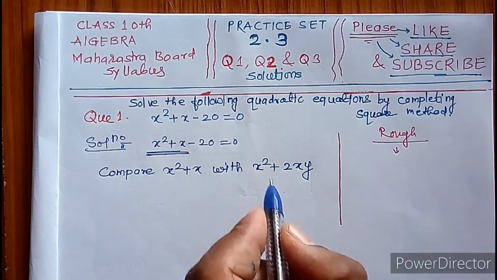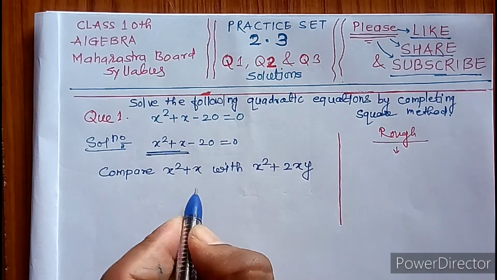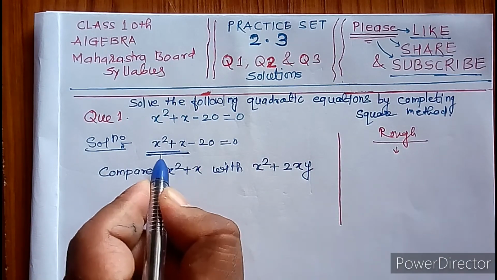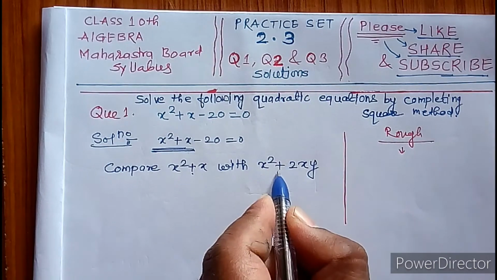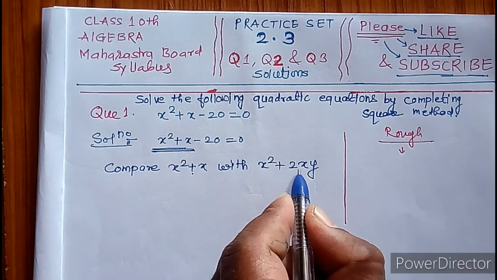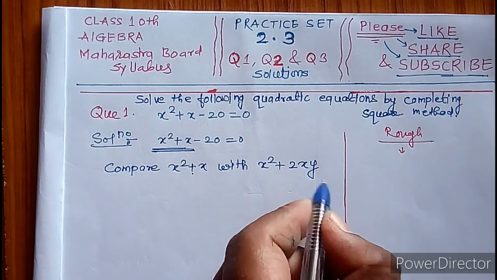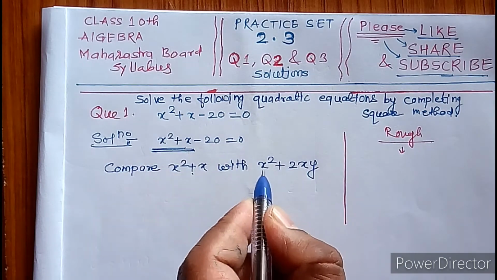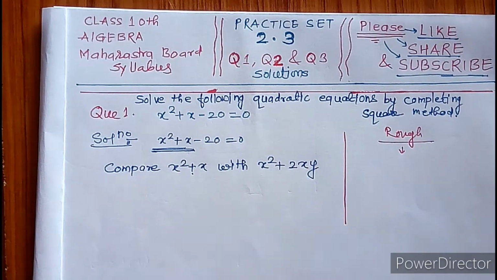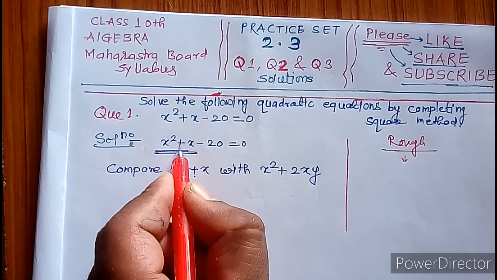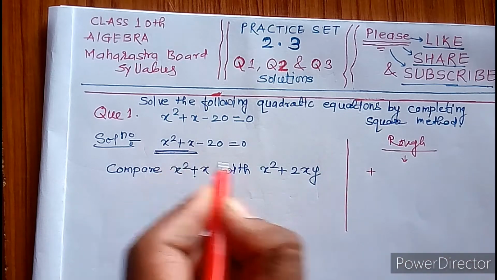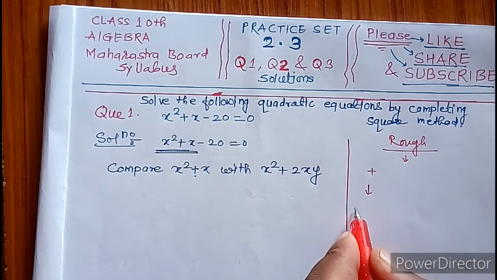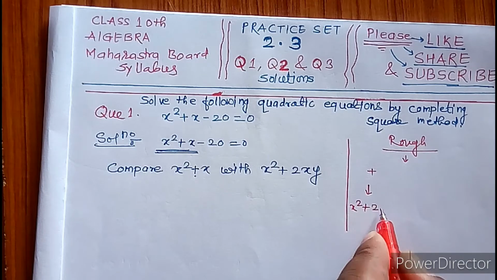Now here one of the most important steps of this problem is that if there is plus here, then you have to compare with x square plus twice of xy, and if there is minus here, then you have to compare with x square minus twice of xy. If there is plus, compare with x square plus twice of xy.